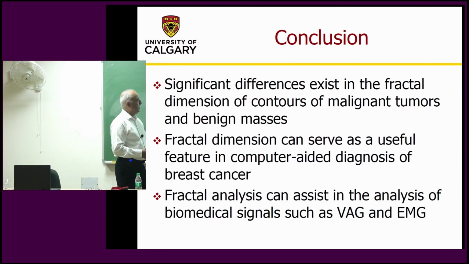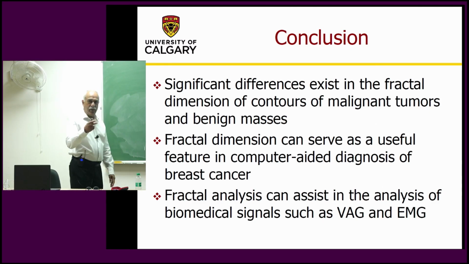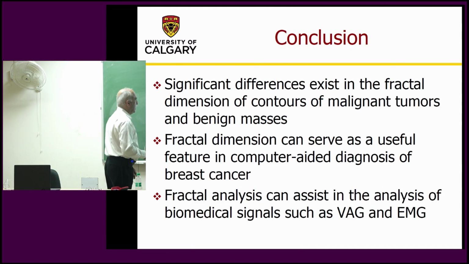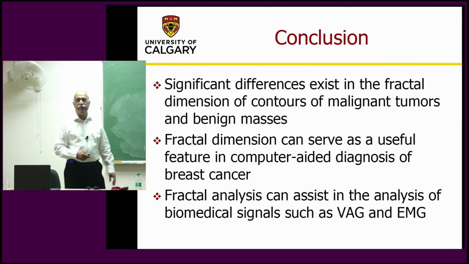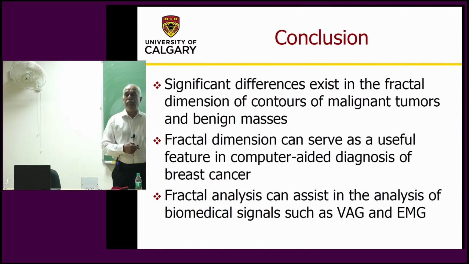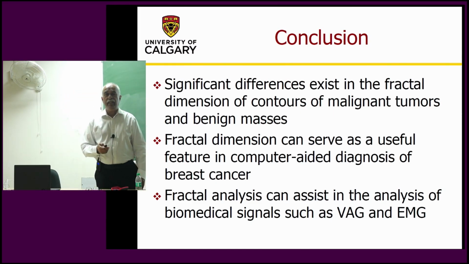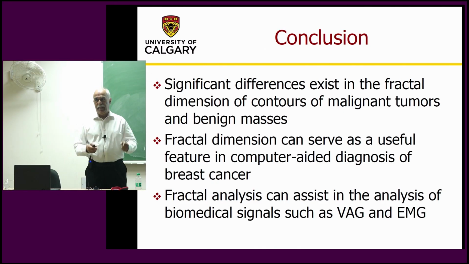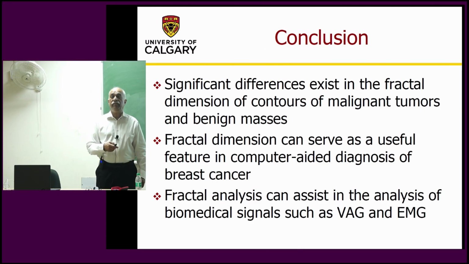So fractal dimension can serve as a useful feature, one of the features in a set of features, and could also assist in the analysis of biomedical signals such as EEG and EMG. There are several papers showing the usefulness of fractal dimension in the analysis of EMG, electromyogram, muscle electrical signals related to contraction and fatigue, development of fatigue.